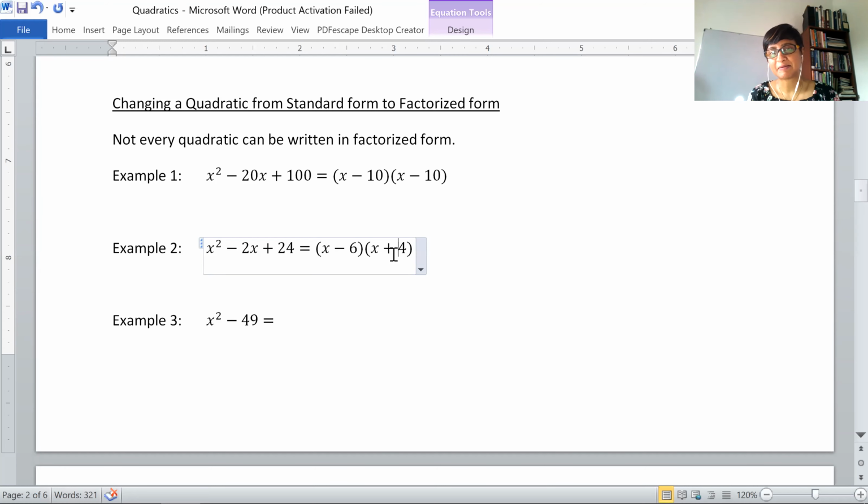Then how do I know it is still wrong? These two numbers have to multiply into 24 and add up to minus 2. They do add up to minus 2, but they don't multiply into plus 24. This is minus 24 you get.